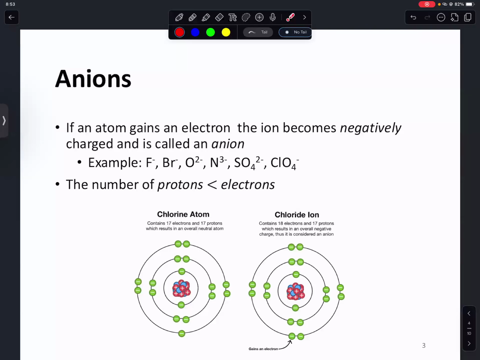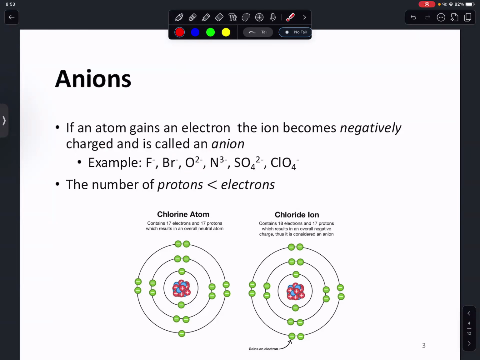As far as anions go, you can think of the same concept as cations, but instead of losing electrons, they tend to gain electrons, and as a result of that extra electron, they become negatively charged and are called an anion. And these can be an atom, like fluoride, bromide, oxide, nitride.